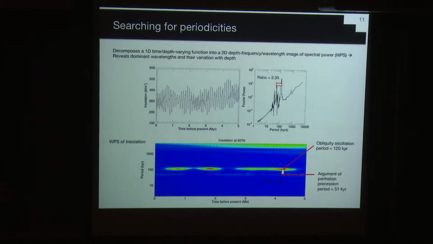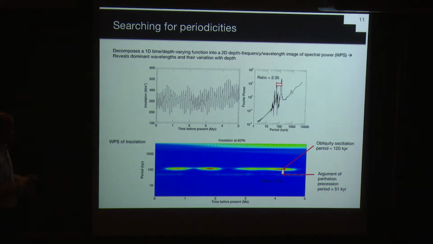As far as wavelet analysis, the advantage of using that to analyze these signals is that you can not only see the dominant frequencies, the dominant periodicities of the signal, you can also see how these vary with depth.